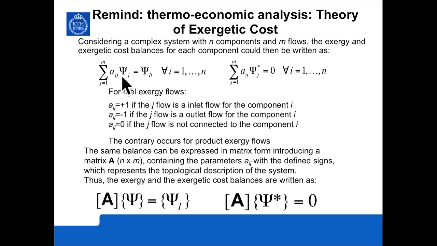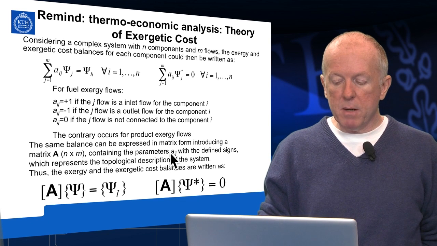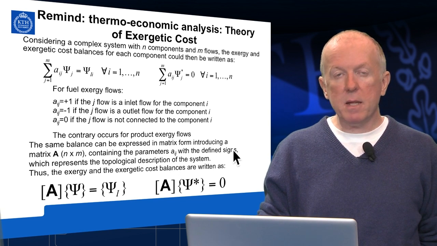So you see, if we put in a matrix form all these n balance equations, we can obtain this form of matrix equation at the bottom. So the same balance can be expressed in a matrix form introducing a matrix A, which has n rows, which are the number of components, because the balance is component by component, and m columns, because the other variables that we are considering are the m exergy flows of the system, containing the parameter Aij with the defined signs.